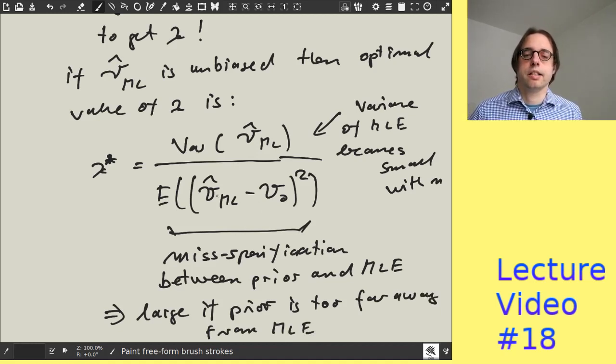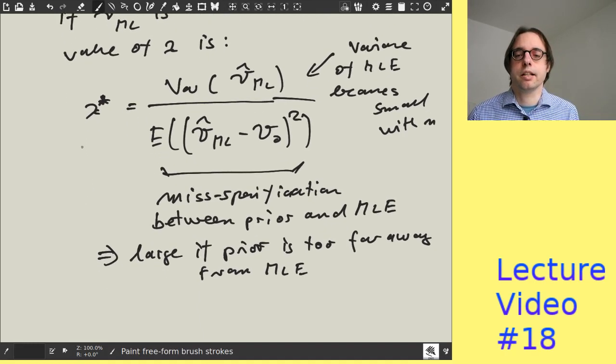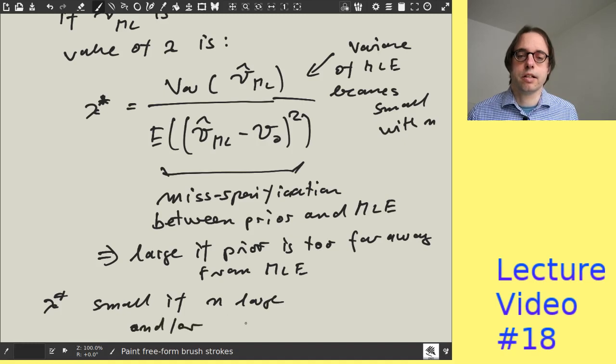So if the prior is too far away, lambda star is small. Lambda star is also small if n is large, or if the prior is likely to be incorrectly chosen, because if it's too far away, then the prior contradicts the data.